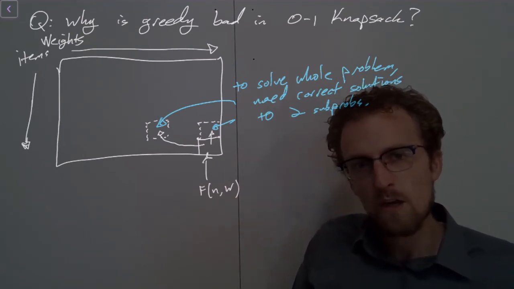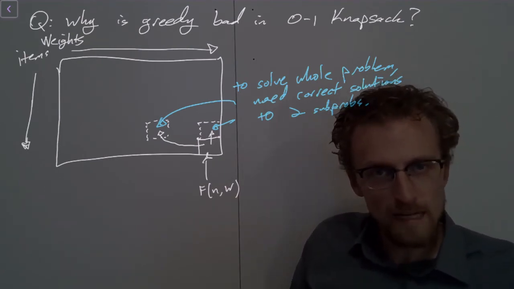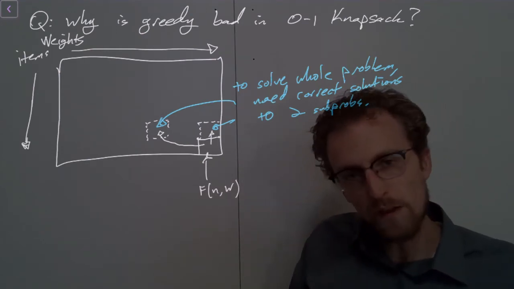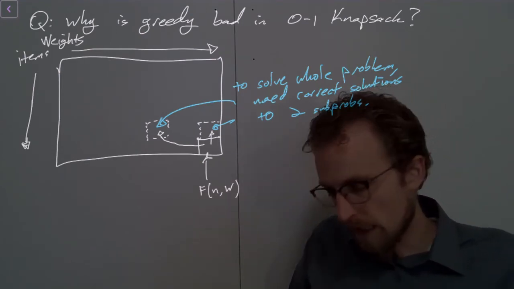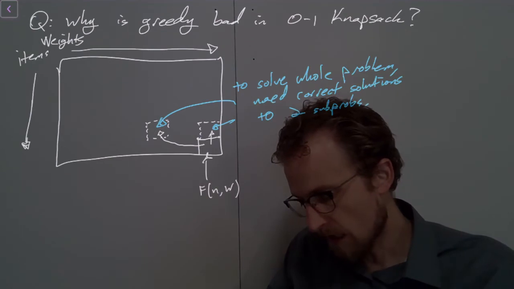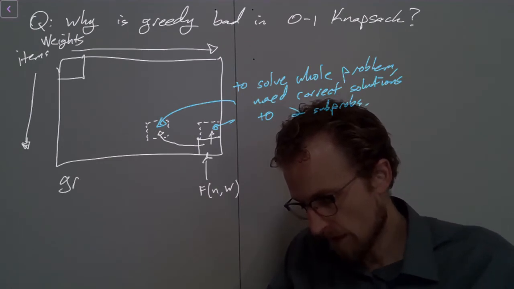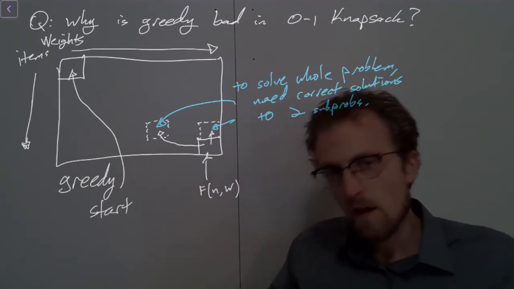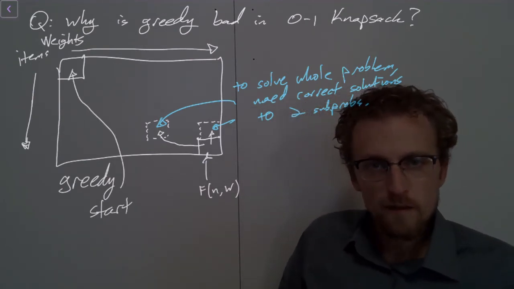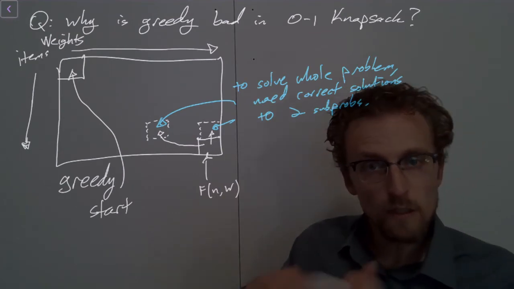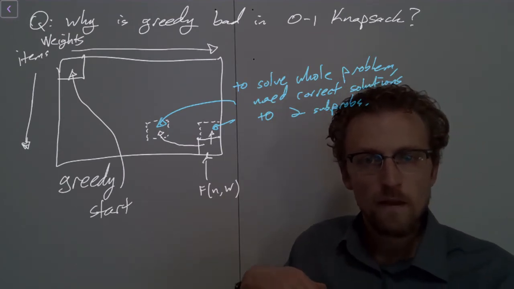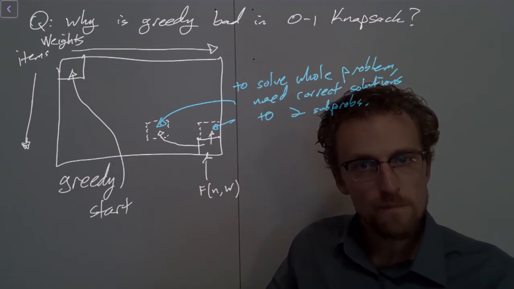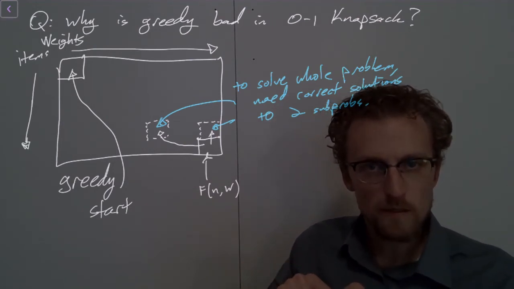So why do we care, how is this relevant to greedy? Well, think about what happens in greedy. A greedy algorithm always starts here. So greedy starts up here. And what the greedy algorithm does is it says, I'm going to look at the stuff I could do, and I'm going to make one choice, and then I'm never going to revise that choice.